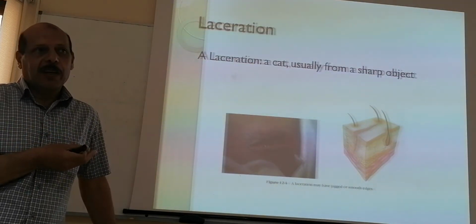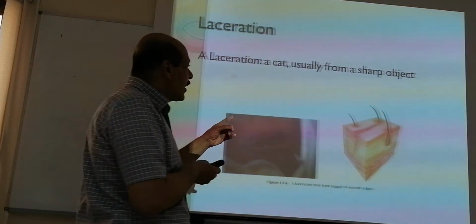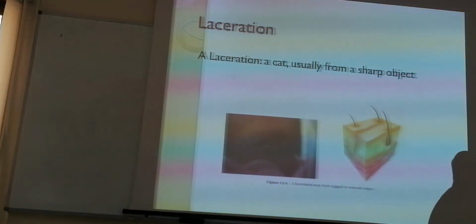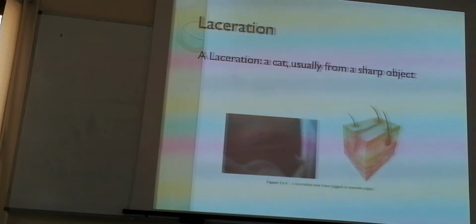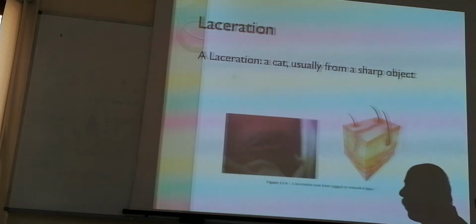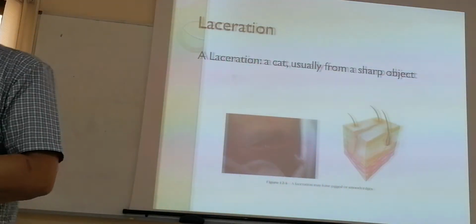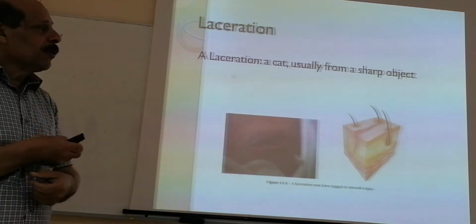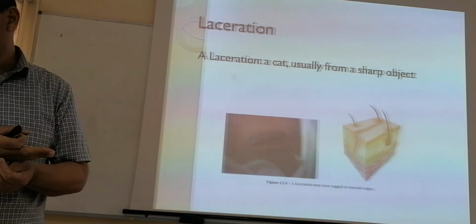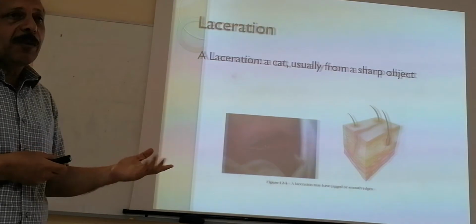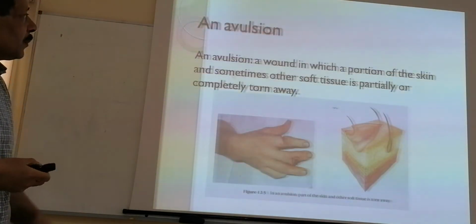Usually we call it a cut wound, or a surgical wound, or a wound done by a sharp instrument. It might be deep or superficial according to the depth of the instrument. So it is made by a sharp instrument.